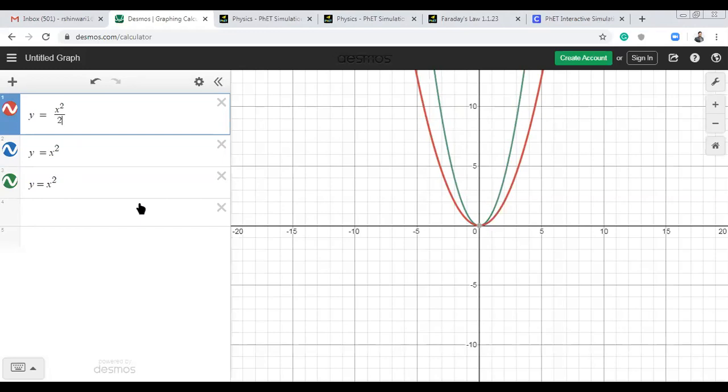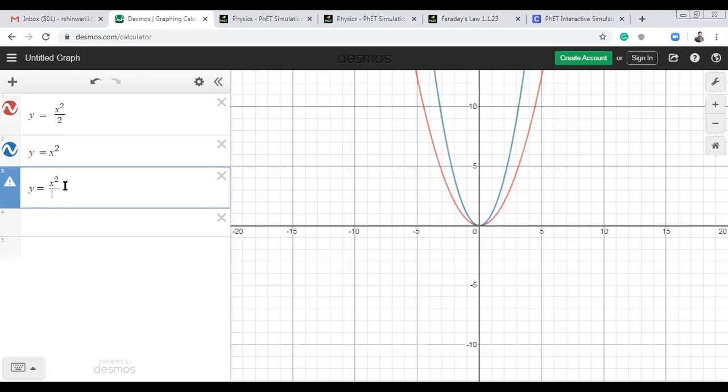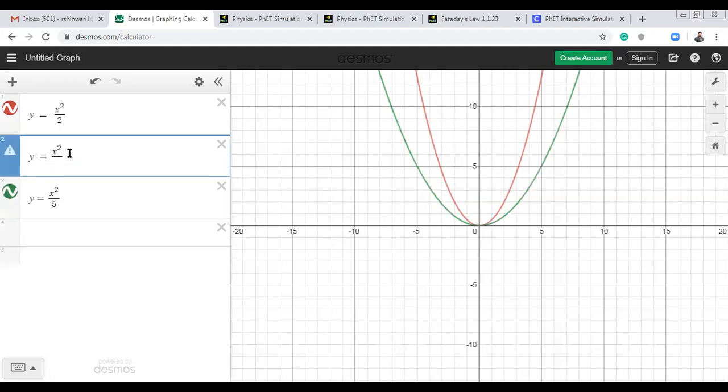If you divide by 4, divided by 5, you are stretching the graph. If you divide by 10, or 20, you can see you are stretching the graph. So multiplication will shrink the graph and division will stretch, or expand, the graph.